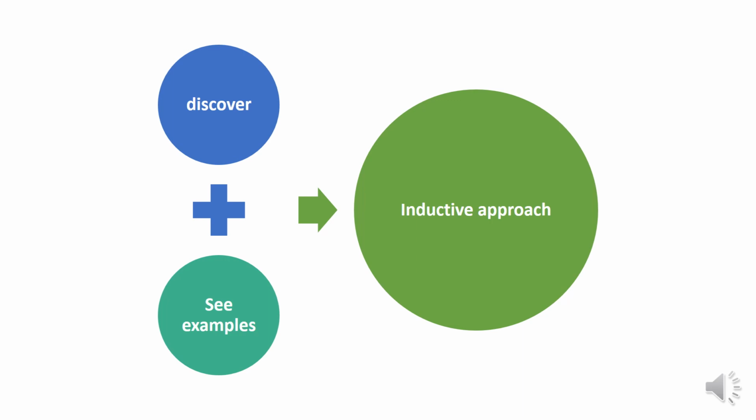Discovery activities are especially useful when students are looking at the construction of a specific language for the second or third time. If students do not like the inductive approach, they would prefer to be spoon-fed.